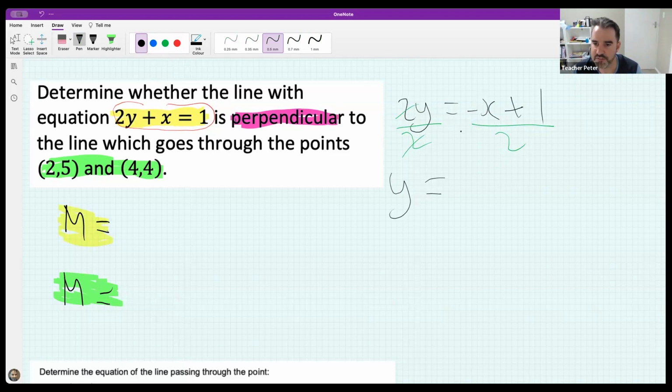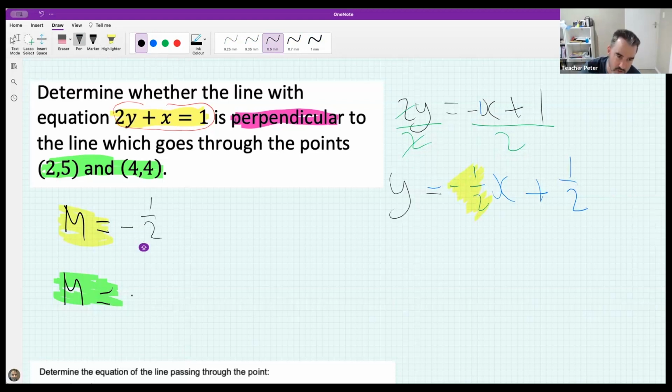So if there is a phantom -1 in front of the x, what I'm going to get is -1/2 x + 1/2. So the gradient of my yellow one is actually going to be -1/2. So that's going to be the gradient of the yellow one once I put it in standard form.